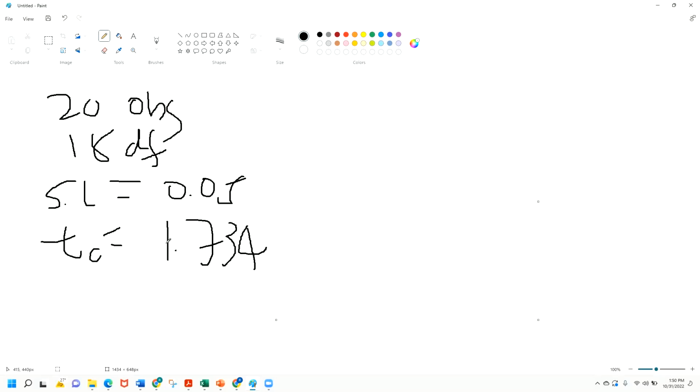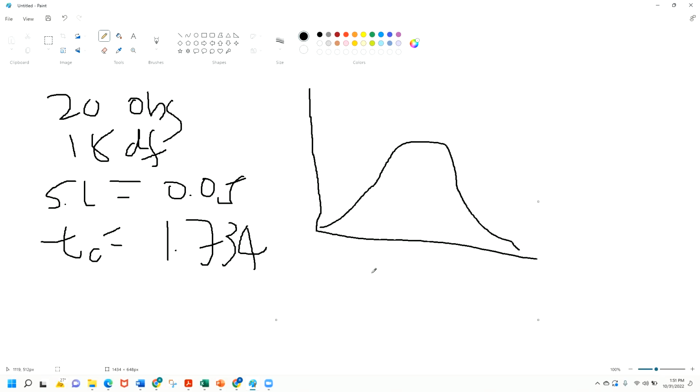Well, the probability of any T higher than 1.734 is less than 0.05, because it always decreases to the right, since the total area is 1. So if this shaded area is 0.05, then given our degrees of freedom, that should be 1.734.